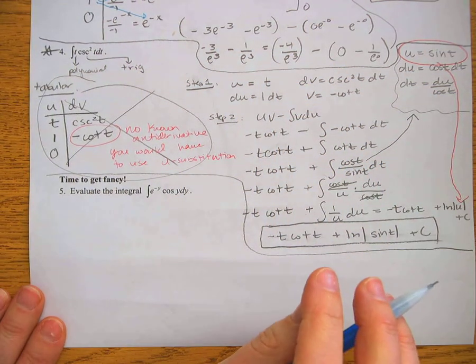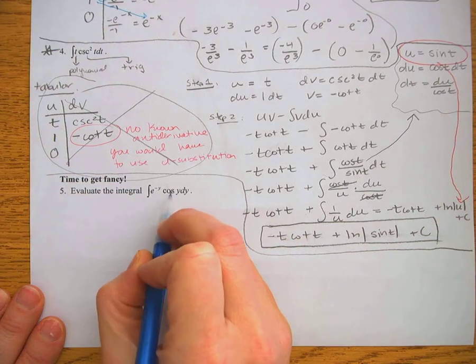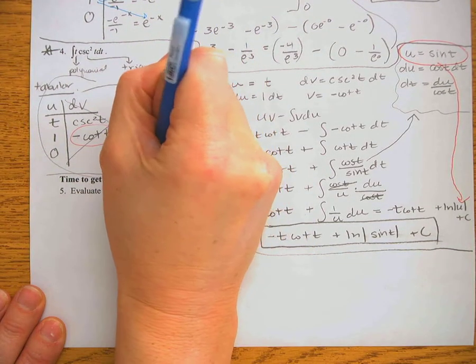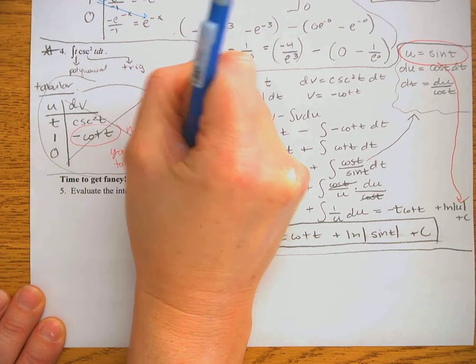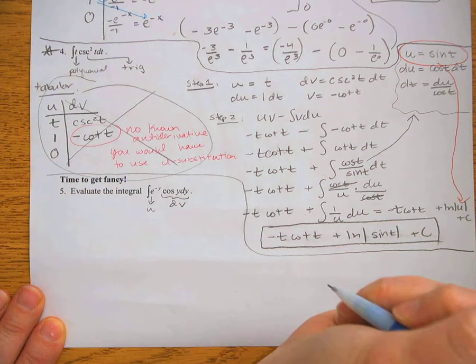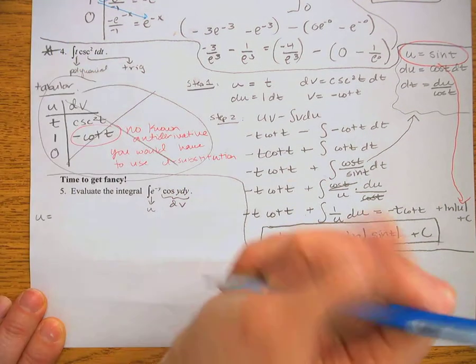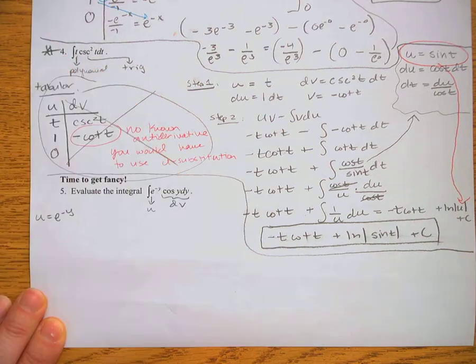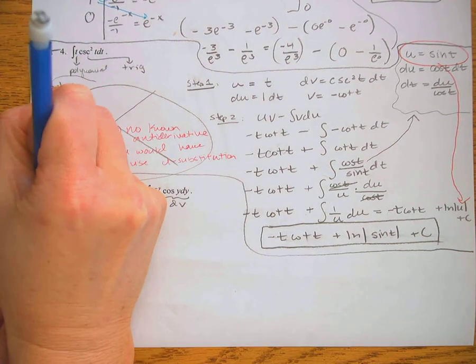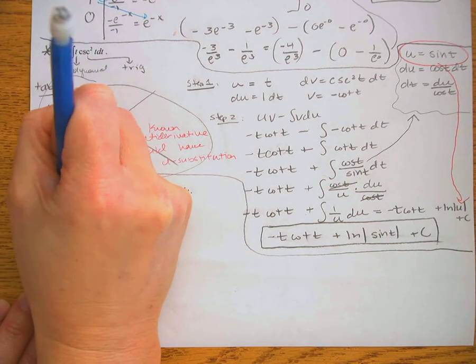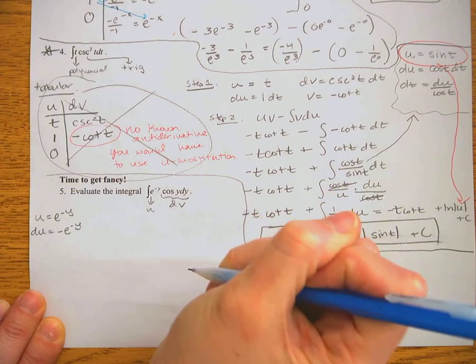In the order of LIPET, exponential comes before trig. So I'm going to let the exponential one be the u, and then I'll let the trig one be the dv. So u is going to be e to the negative y, and then du would be negative e to the negative y dy.